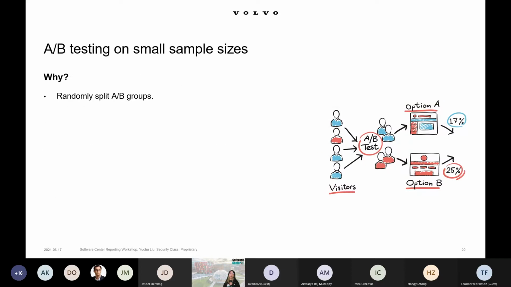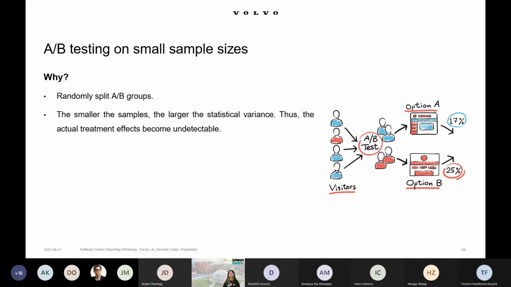So why do we even talk about A/B testing on small sample sizes? The reason is that if you randomly split A and B groups, you introduce two different variants to the groups A and B, and then you purely measure their response, you're actually relying on the A and B groups to be extremely large groups.